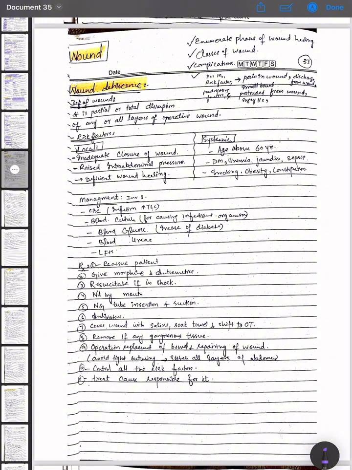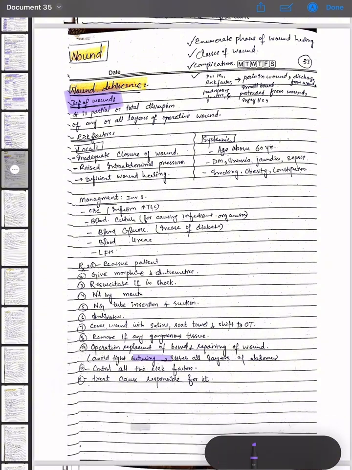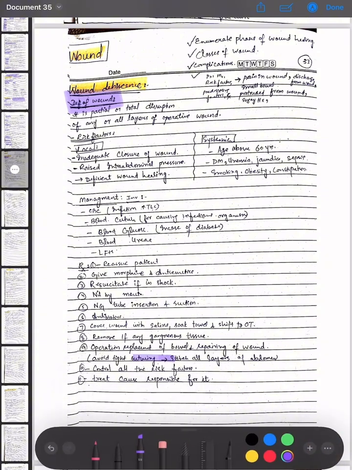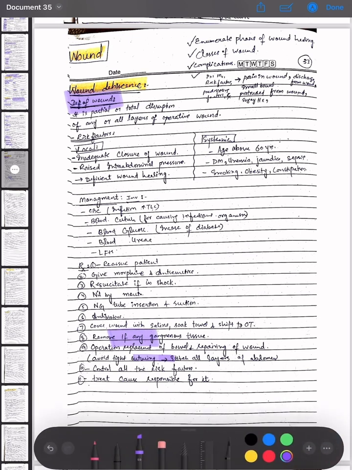What is the definition of wound dehiscence? It is partial or total disruption of any or all layers of operative wound.